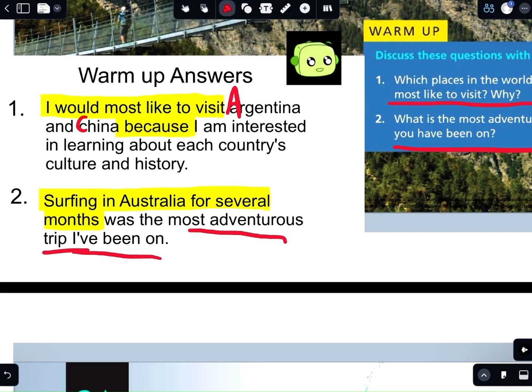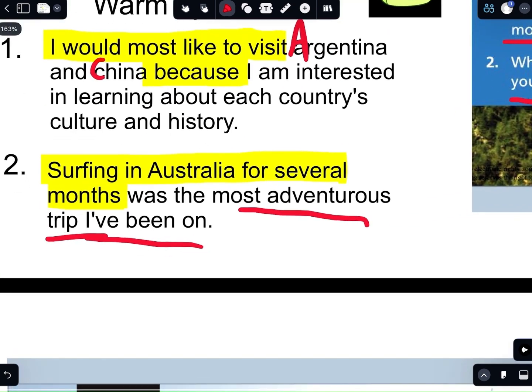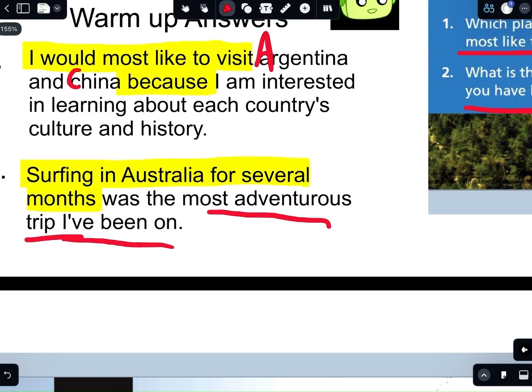And if that grammar is a bit confusing, I've been on, that's okay, it's a bit tricky, but it's a really good grammar tense to use. I've been on, I have been. Okay, so surfing in Australia for several months was the most adventurous trip I've been on.